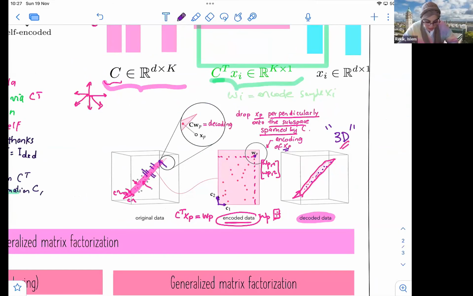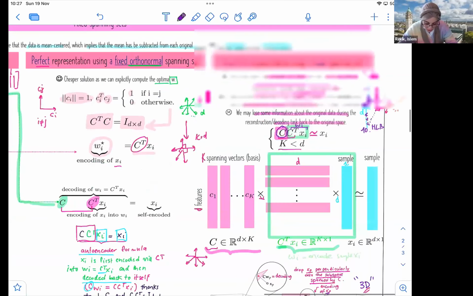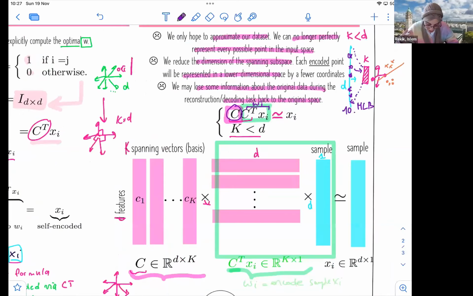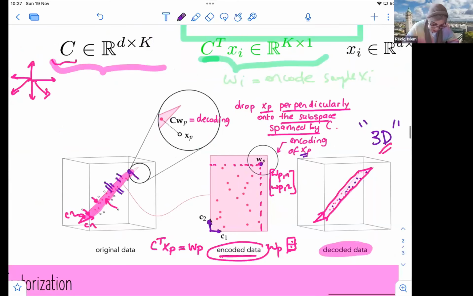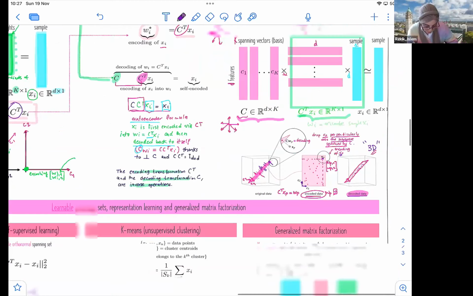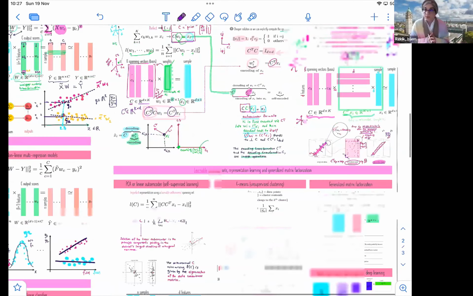All right. I hope you get clearly the concept of encoding using C transpose, and decoding using C what has been encoded back to the original space. It's very important to understand that when you decode, you always decode the data back to the original one.